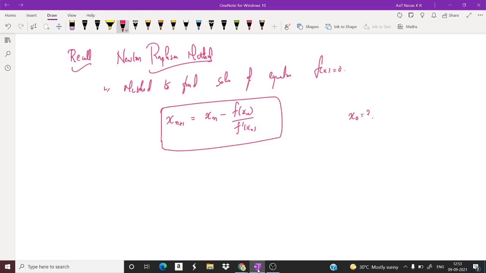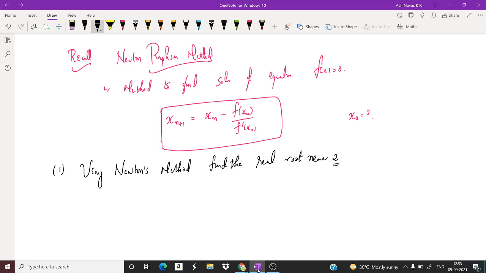using Newton's method. First problem using Newton's method. Find the real root near 2 of the equation x raised to 4 minus 12x plus 7 equal to 0.